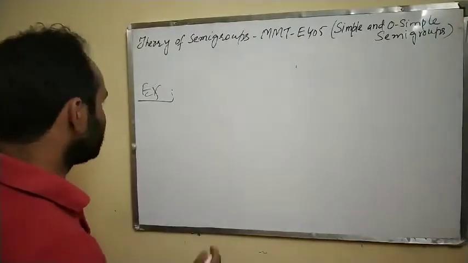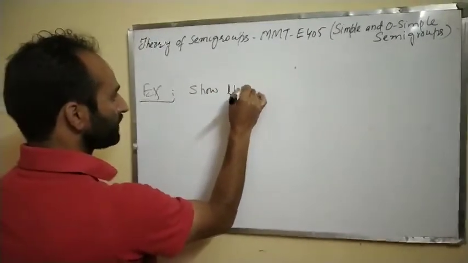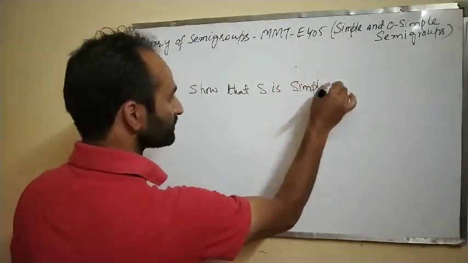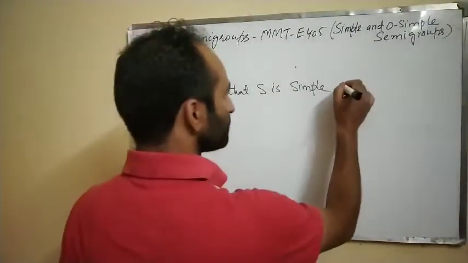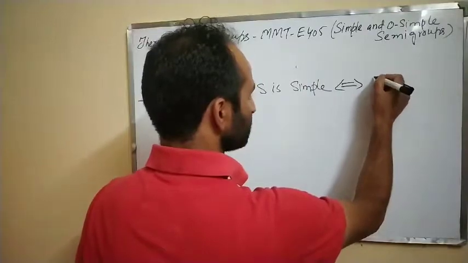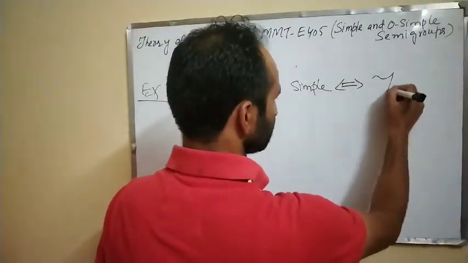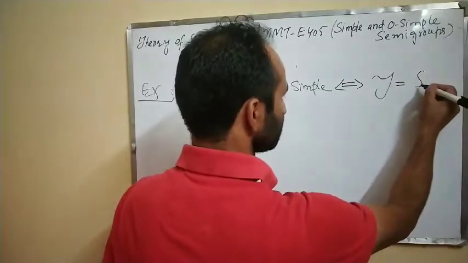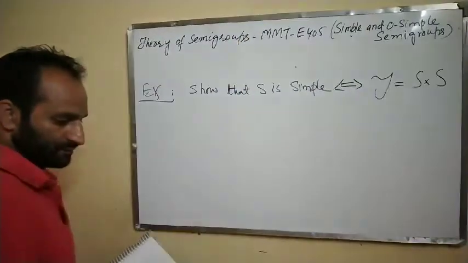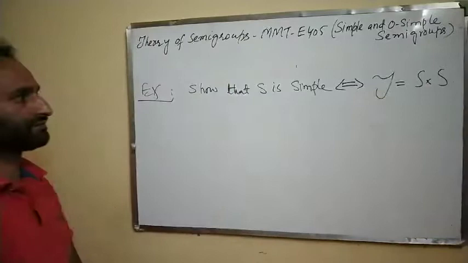Show that S is simple if and only if the J relation is equal to S cross S.